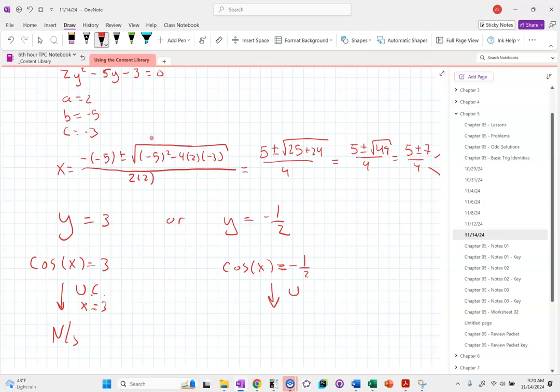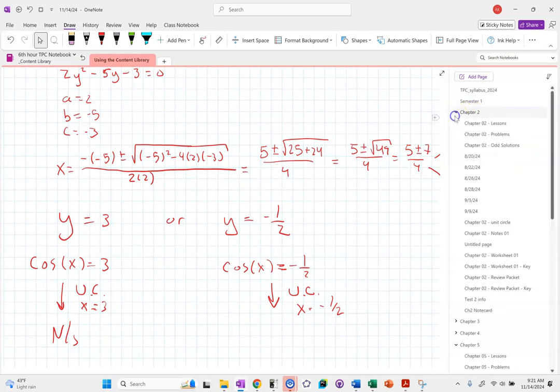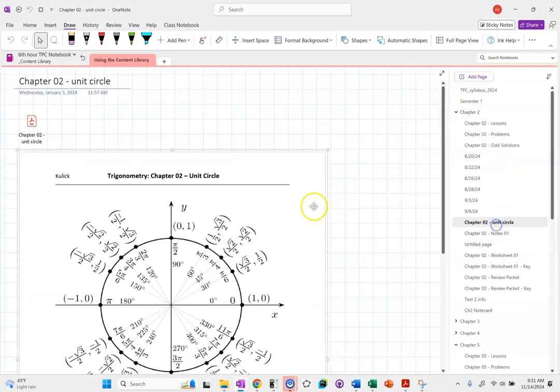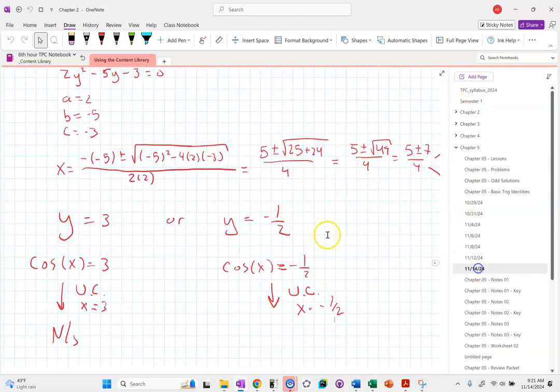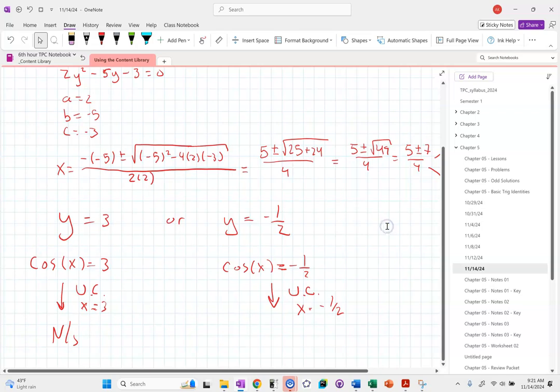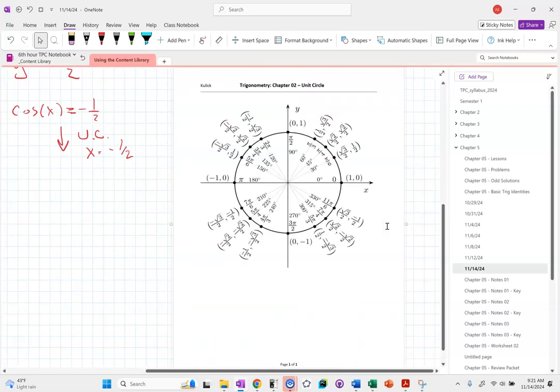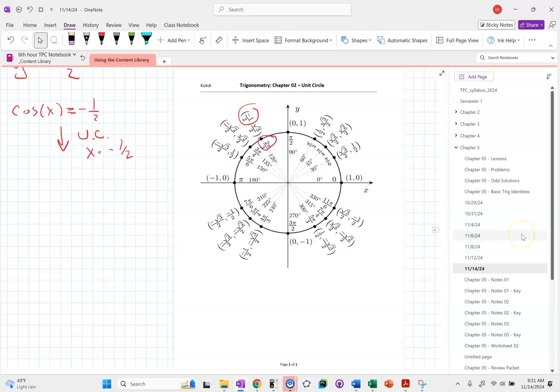So let's just worry about this one. This one's all set to go. I'll just go to the unit circle and look for where x is equal to negative 1/2. So let's see, we have that spot there at 2 pi over 3, and we have this spot down here at 4 pi over 3.